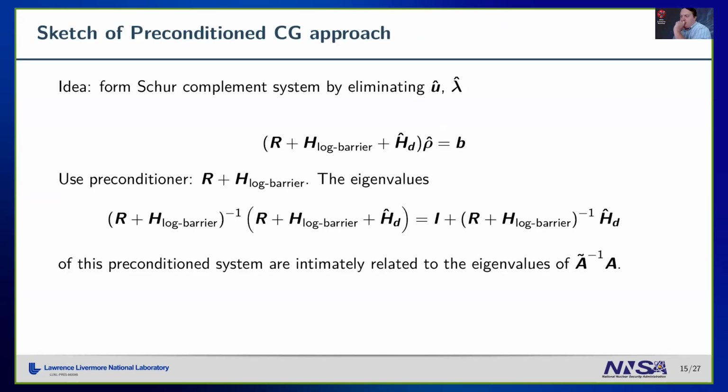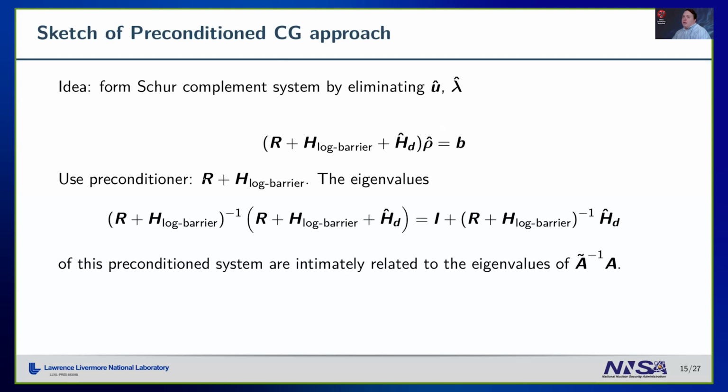A little briefly, we also have a preconditioned CG approach. One can form the Schur complement by eliminating U hat and lambda hat, as shown, and the resulting linear system is shown here.